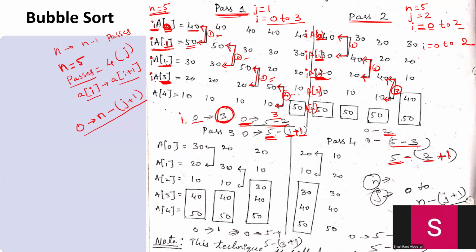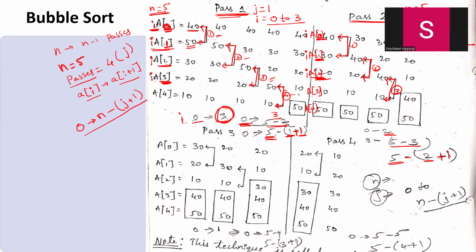Now we are going to take these elements to the next pass, that is pass number 3. The number of elements we have is 5. We are in pass 3, so J is equal to 3.